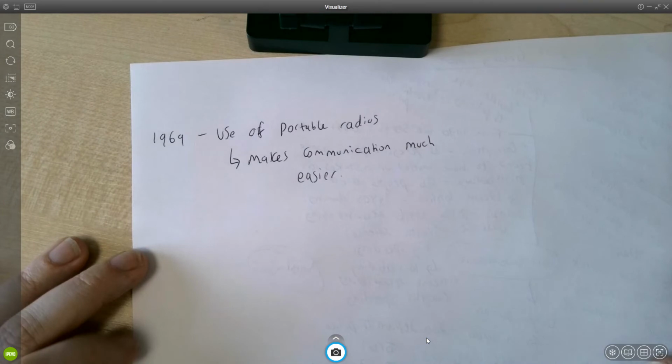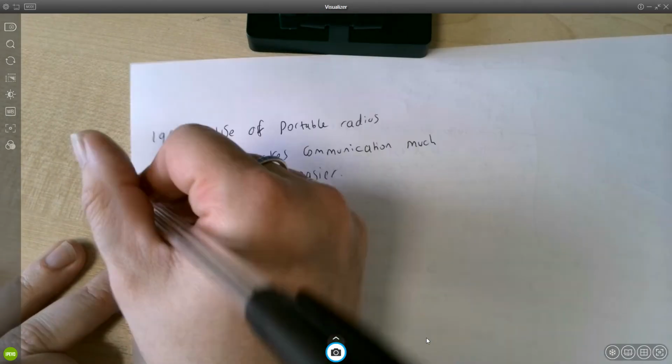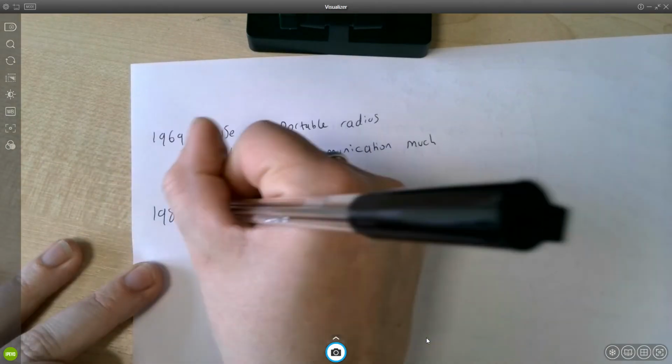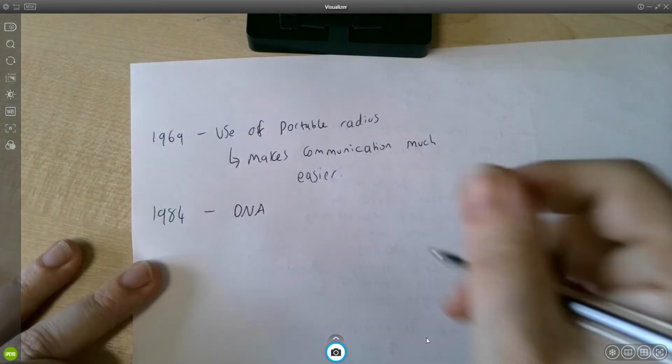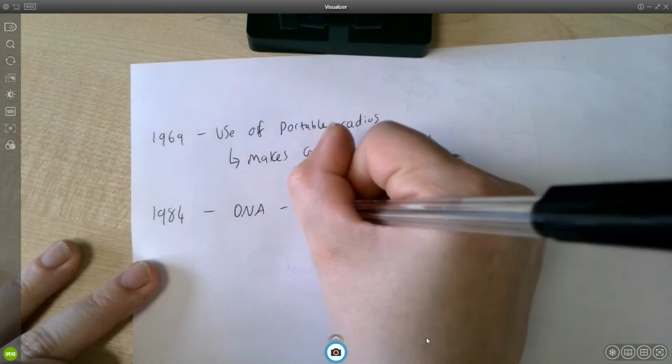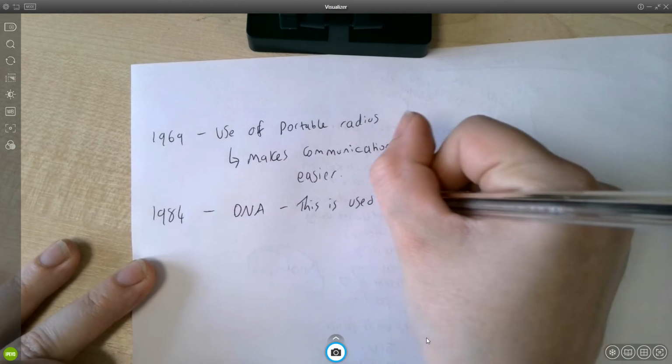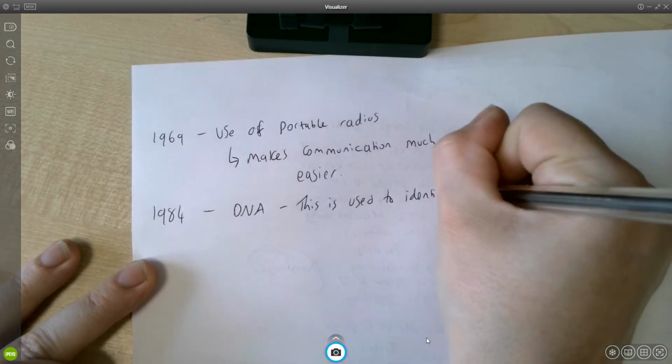And then there is also, for example, 1984, the invention of DNA profiling. This is used to identify criminals.